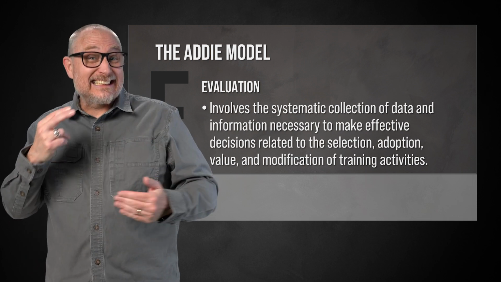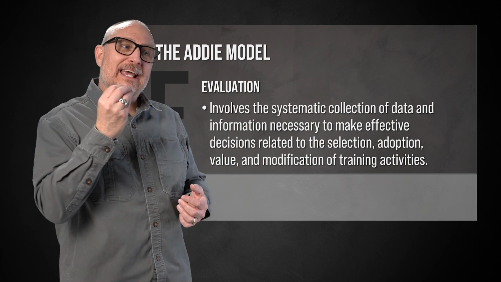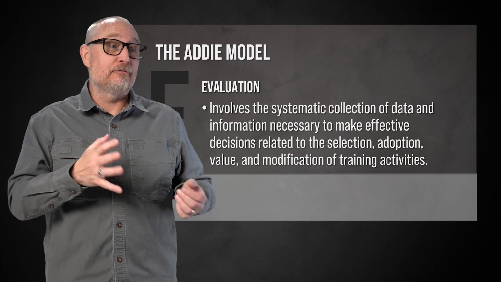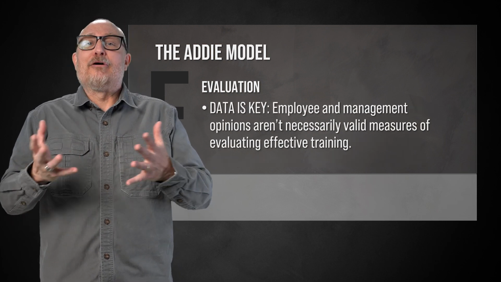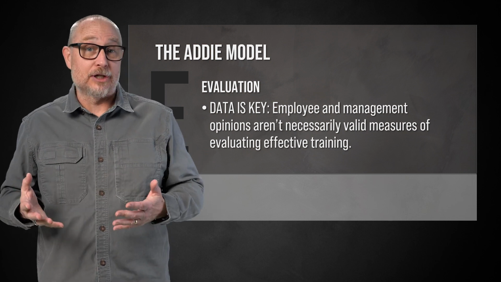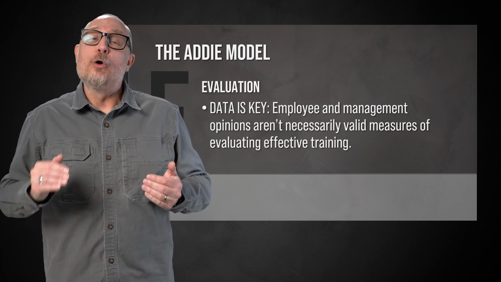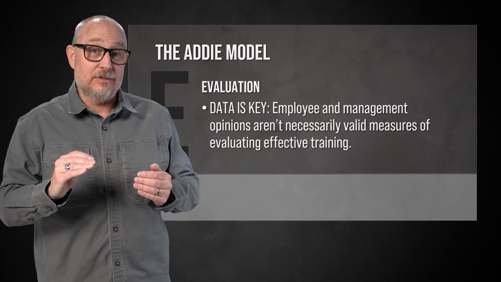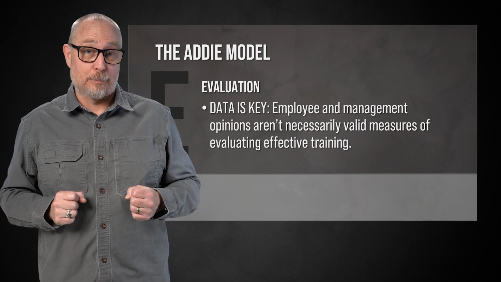Evaluation includes the systematic collection of data and information necessary to make effective decisions related to the selection, adoption, value, and modification of the training activities. Now, of course, you know as well as I do that evaluation is going to include the collection of data, but it's not just willy-nilly ad hoc data. We need to make sure that we are systematically collecting the right kind of data to give us the right insights into the effectiveness of the program.